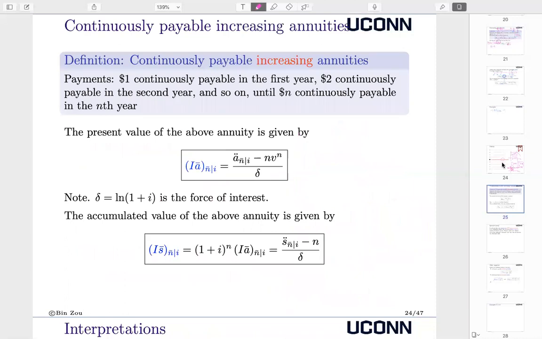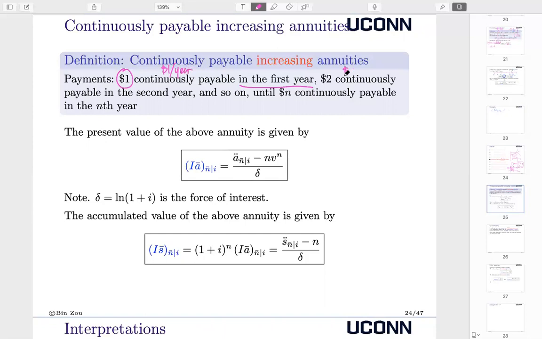So let's take a look at the default setup. What is the definition? Here we have $1 continuously payable in the first year. Which means over the first year, if you ignore the discounting factor for a moment, the total amount will be $1. In the second year, the total amount received will be $2. So if you use rate, this will be 1 per year.